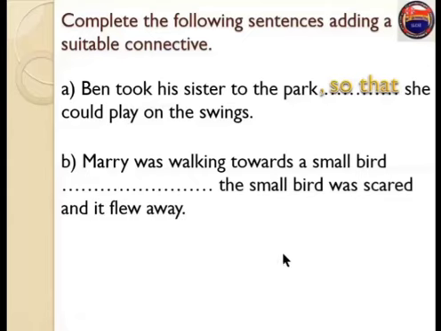Now, sentence B. Can you just write this so that, and let's move to the other one. Mary was walking towards a small bird, but the small bird was scared and it flew away. Who can answer this? Farida, can you please answer this?